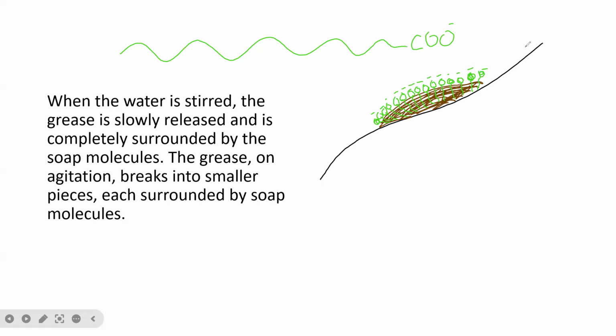On agitation, when you start rubbing and scrubbing the fabric by way of washing, these soap molecules will yank up the grease from the surface of the fabric. They'll break the grease into smaller pieces, you understand? Then each grease piece, so let me draw a grease piece here.